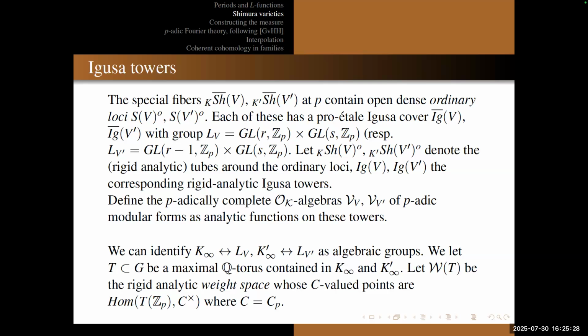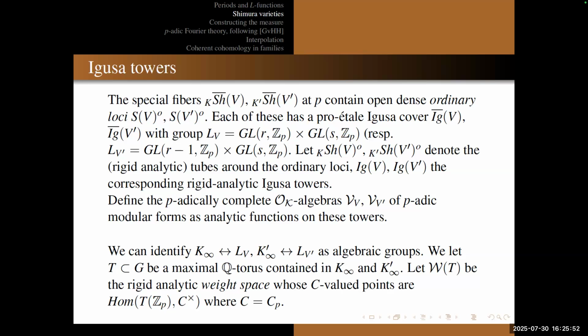And now, very interestingly, I don't remember whether I mentioned this K infinity, or if I did, I didn't say enough about it. This capital K infinity, K prime infinity are the maximal compact subgroups of the respective unitary groups. So K infinity is U_R cross U_S, because we're in the maximal compact in U_{R,S}, and U_{R-1} cross U_S.